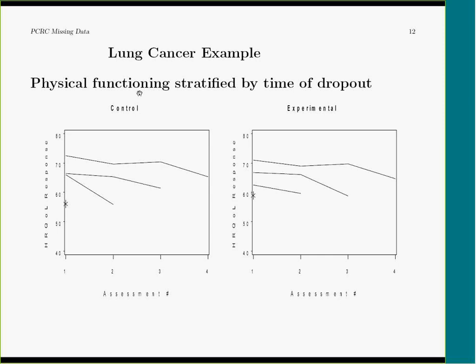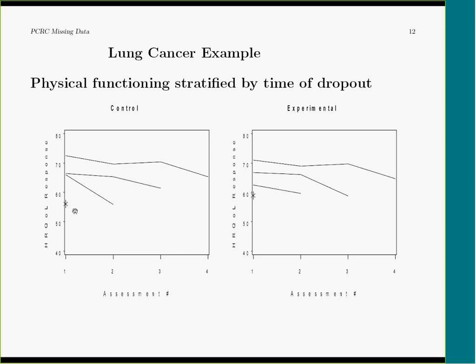So this is an example where we're looking at physical functioning as part of a quality of life assessment. The upper line is the estimate for those people who had all four assessments, and then the next lines are those who had 3, 2, and then a single one.